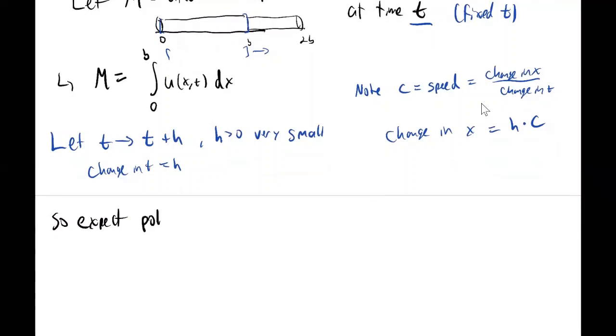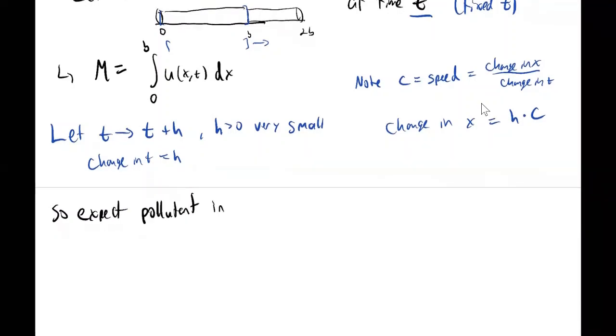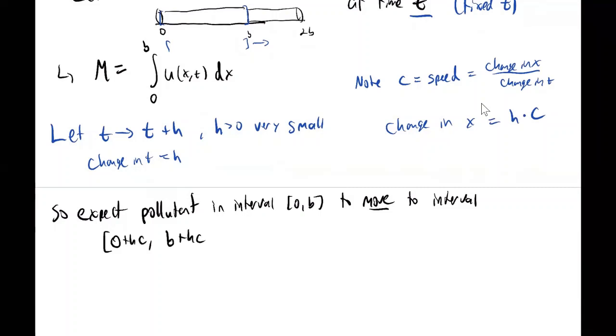Let's say this a little bit more precisely: we expect the pollutant that's in the interval between 0 and b to move to the interval, well, I'm changing x by h times c, so it should move to the interval 0 plus hc comma b plus hc. So that's just the interval hc comma b plus hc.